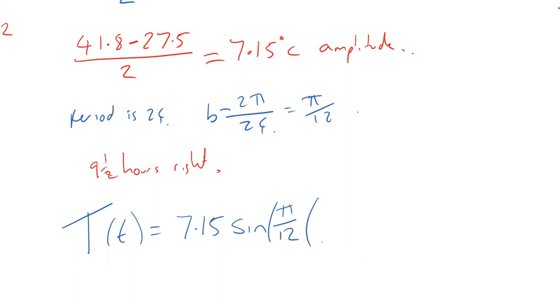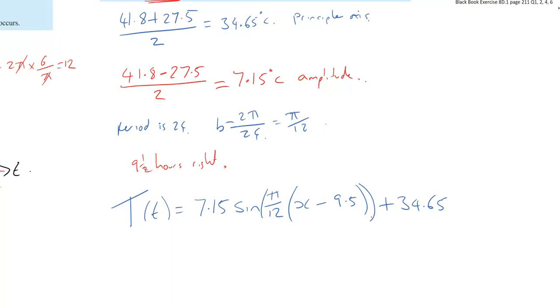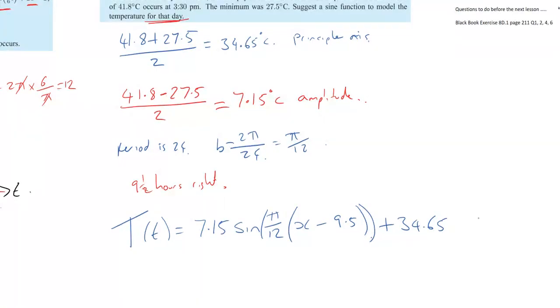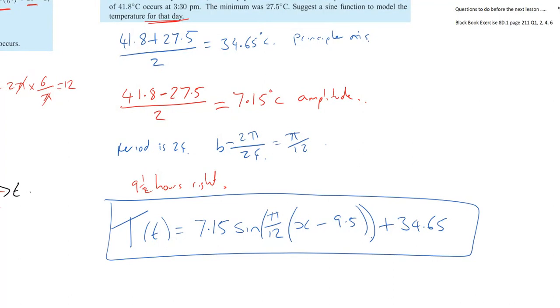But we've got this phase shift to the right of 9.5. So if we do x minus 9.5, we're going to have a correct phase shift. And finally, we just need to add on the 34.65. We worked out where our principal axis was because we've shifted this whole thing up to oscillate around that particular point. Okay, so there is our sine function, putting these pieces together.